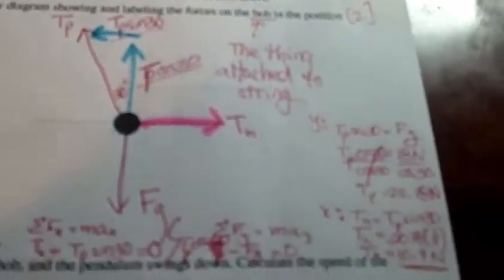If you correctly figured out the components, so you went through this process and you found that the horizontal side should be TP sine 30 and the vertical side should be TP cosine 30, give yourself 1 point, and then the final answer with correct units, and some of you are forgetting your units, give yourself 1 more point for 4 points total.